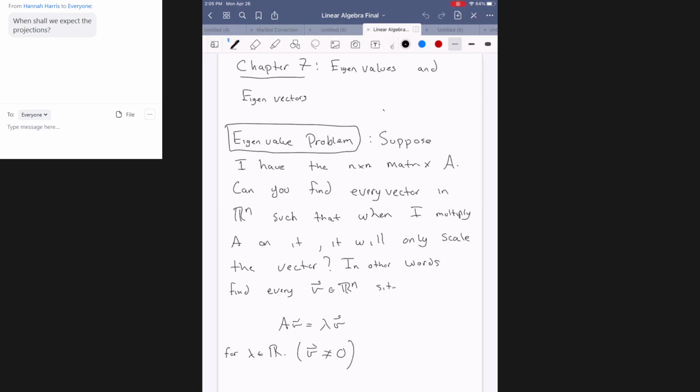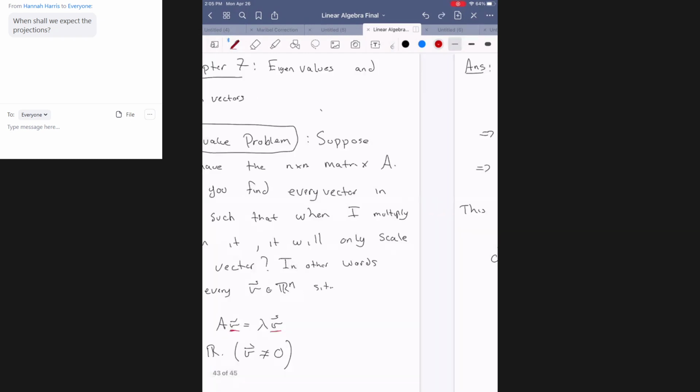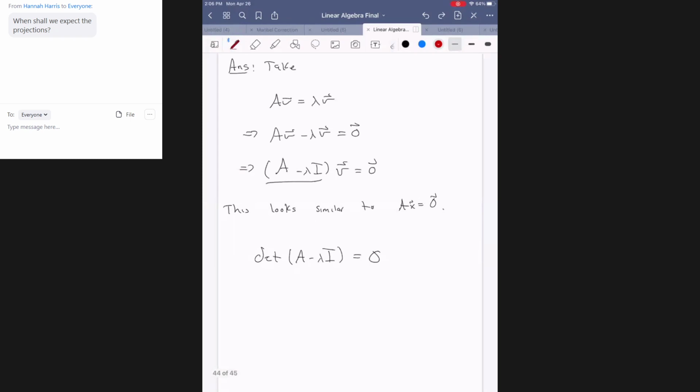Okay, so how do I find all these vectors that does that under A, right? And I basically said, okay, so how can we find these V's here? Or even in particular, how do we even find this lambda, right? So I just said, well, let's solve it like an equation.